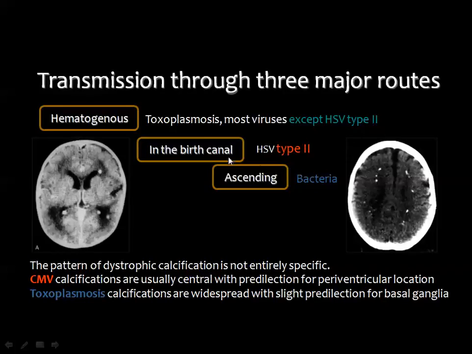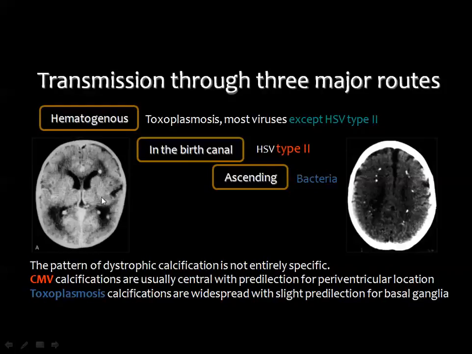This virus is transmitted in the birth canal, and most of the bacteria leading to cerebritis will be an ascending infection during delivery.